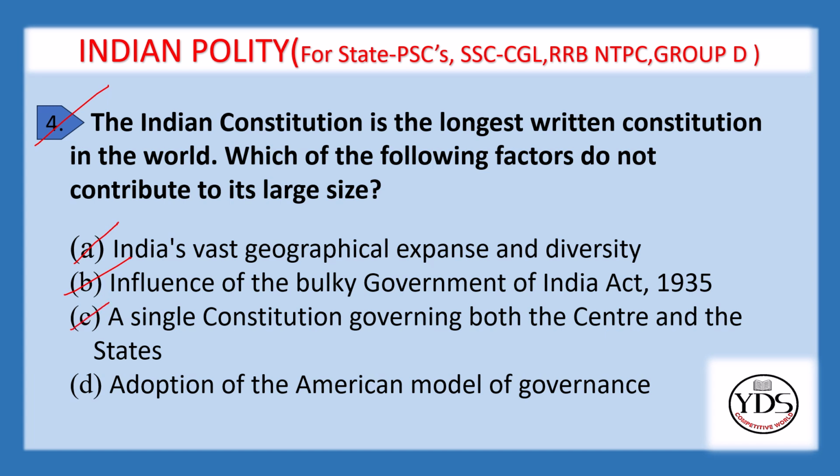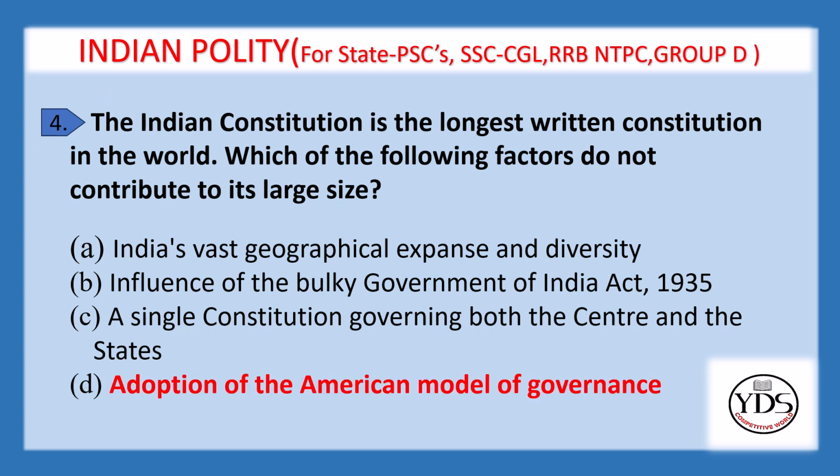Option C. A single constitution governing both the center and the states. Option D. Adoption of the American model of governance. And the answer is option D. Adoption of the American model of governance is the correct answer.